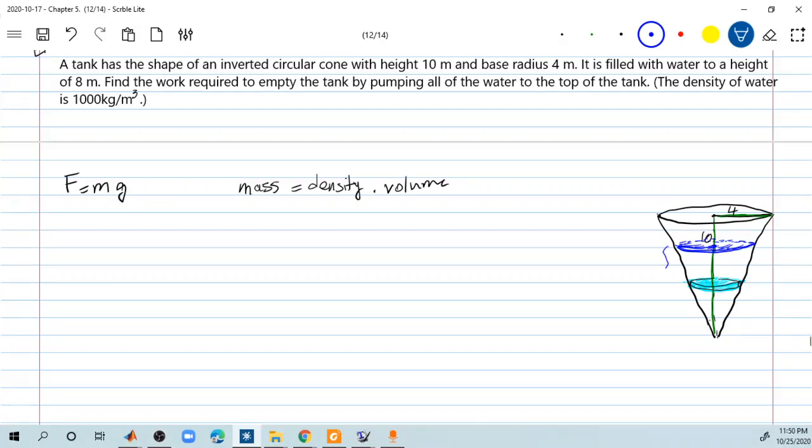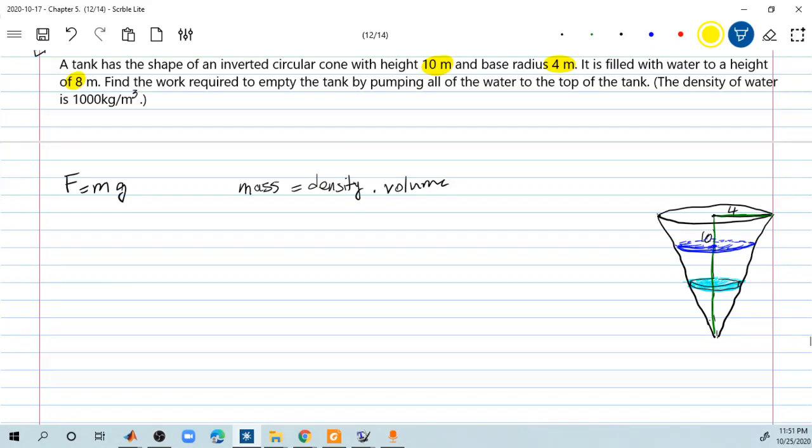So this height is basically 8 meters. I'm not going to write it because there would be more and more values on the picture, and it'd be counterproductive. So let me highlight this. These are the given information.